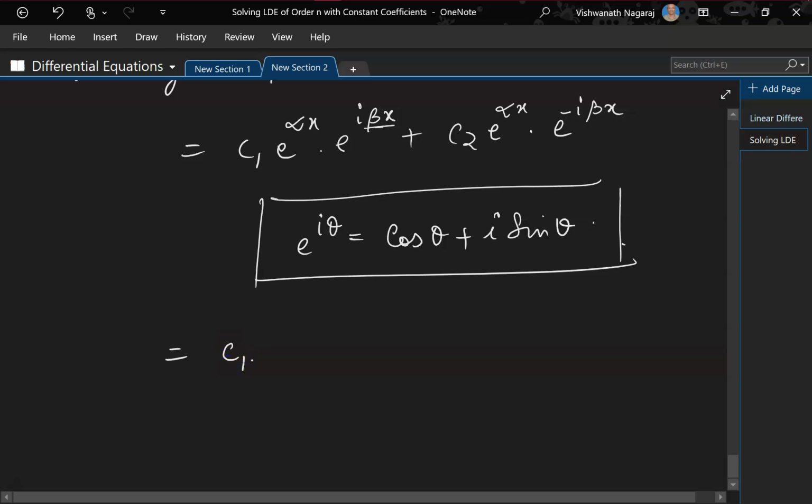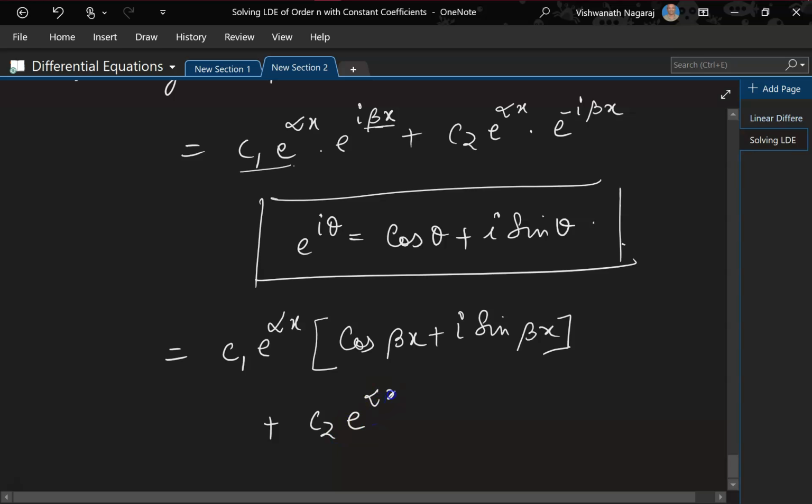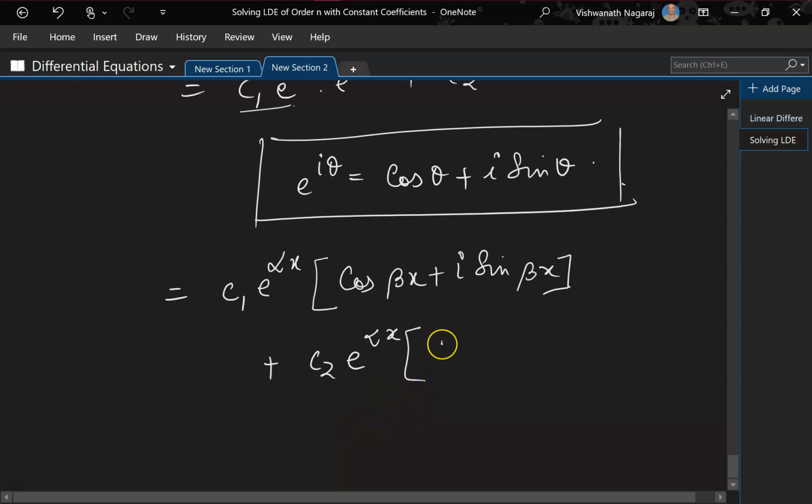So C1 e to the power of alpha x, because here C1 we are not touching, we are just going to expand this part. So cos beta x plus i sin beta x, plus C2 e to the power of alpha x times cos of minus beta x plus i sin of minus beta x.